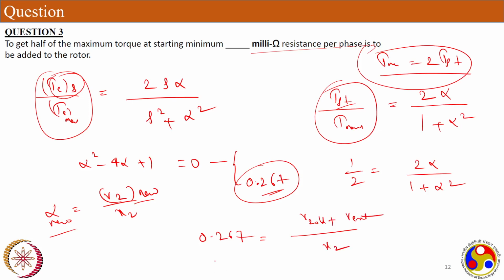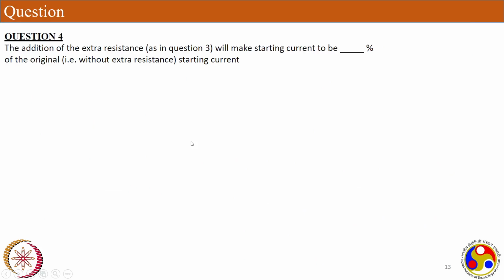Now your R external is equal to 0.267 multiplied by 0.5 minus 0.05. You will get around 83.97 milliohm. That's correct, Dinesh. 84 milliohm. It's simple. From the relation, you need to calculate the slip at which it occurs, and from that you get the maximum torque slip. It's just the formula R2 by X2.